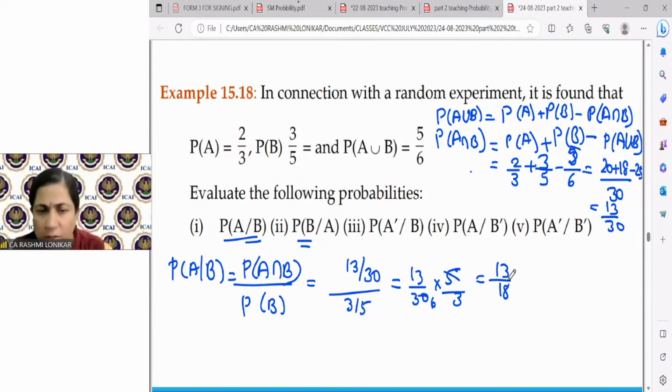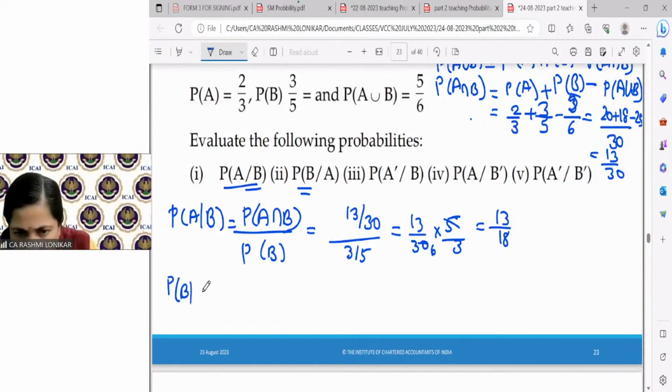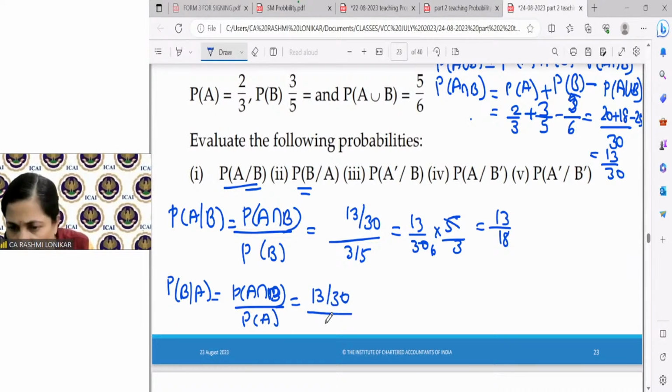Okay, the usual ones I think I have not calculated. Then you have P of B given A. P of B given A will be equal to P of A intersection B upon P of A. What is P of A intersection B? 13 upon 30, upon P of A, which is how much? 2 by 3.